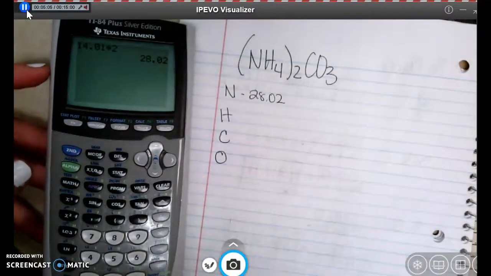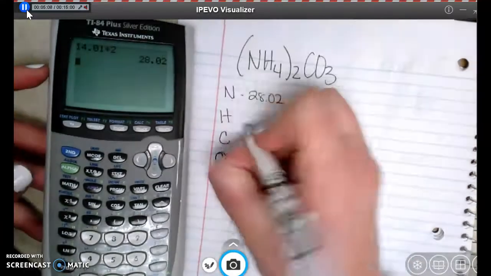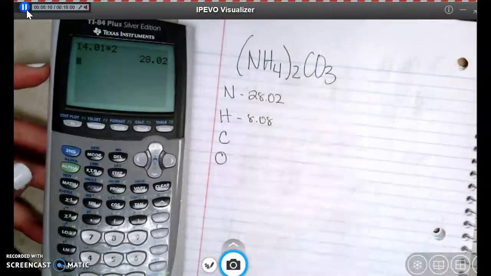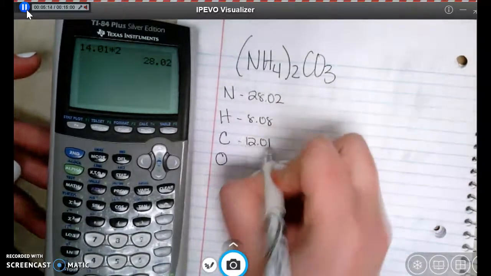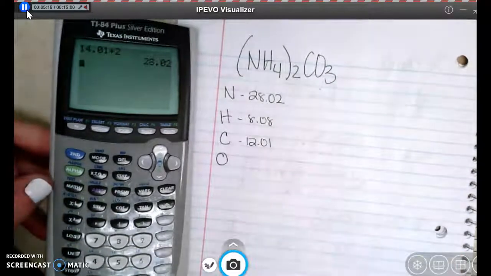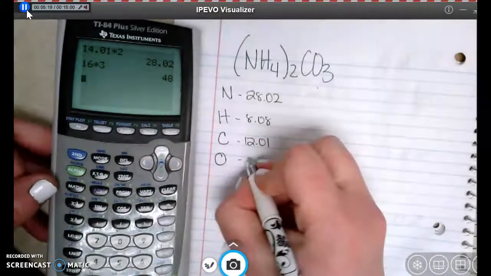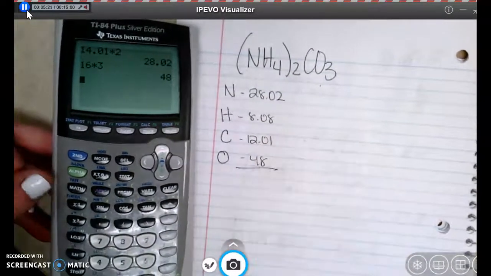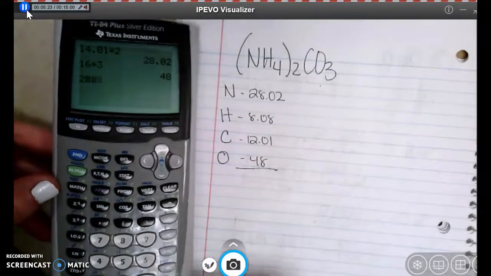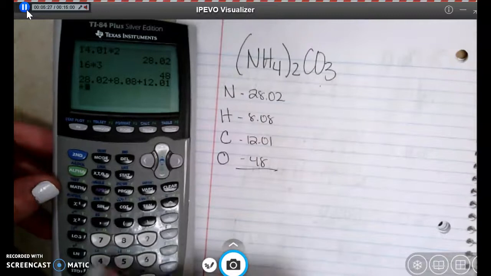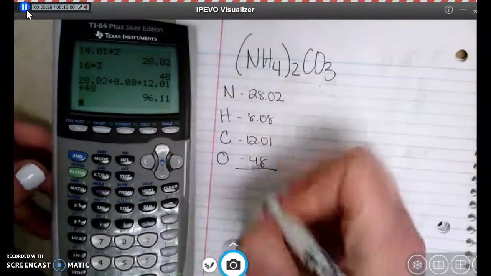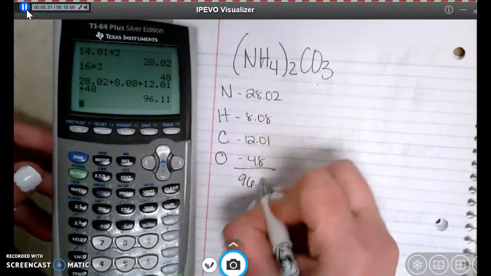My hydrogens, I have 8 of them, so that is 8.08. My carbons, I just have the 1, so 12.01. And my oxygens, I have 3, so 16 times 3 is 48. Let's find my total mass: 28.02 plus 8.08 plus 12.01 plus 48 gives me 96.11.